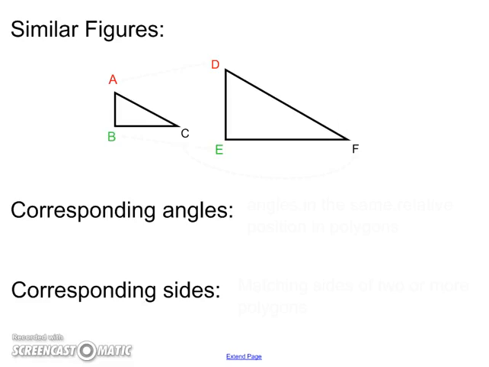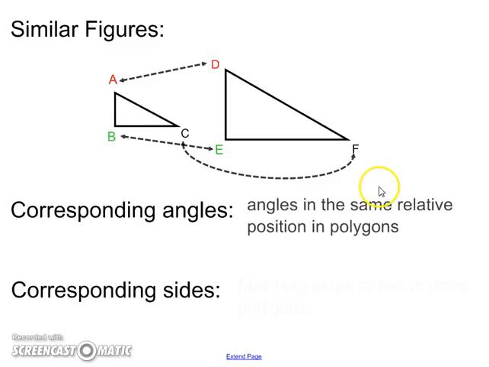So here I have a couple similar figures, and in this case I'm going to tell you that they are similar. So the corresponding angles, in this particular case, A corresponds to D, B corresponds to angle E, angle C corresponds to angle F. Okay, and so the one thing we have to realize is we've got to be able to identify those corresponding angles, and those angles for shapes to be similar must be the same size.